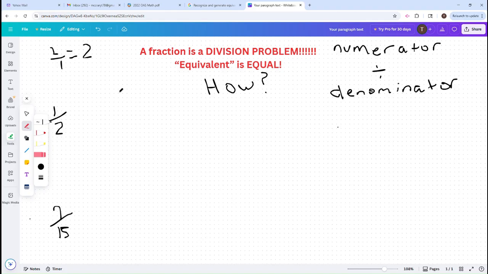You will need a calculator until you don't, because you're going to divide the top number by the bottom number, and again, these are going to be proper fractions. Since the top number is going to be smaller than the bottom number, the answer is going to be 0 decimal numbers.